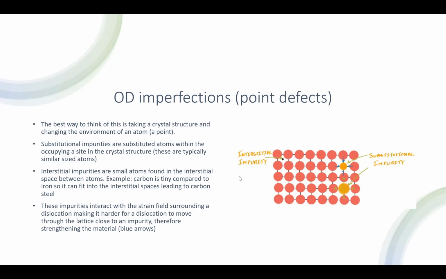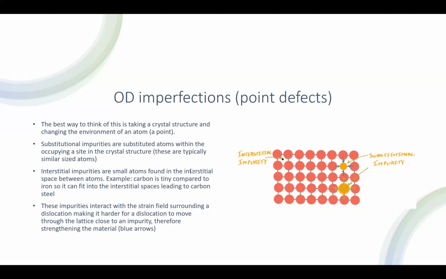Substitutional impurities are substituted atoms occupying a site in the crystal structure. These are typically similar size atoms. So this would be your substitutional. They give the example in the textbook where you had iron and nickel. Since they're very similar in size, you can substitute nickel and it takes up a little bit more volume, but it won't cause any craziness.